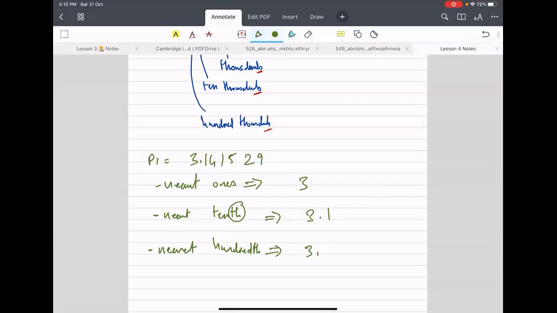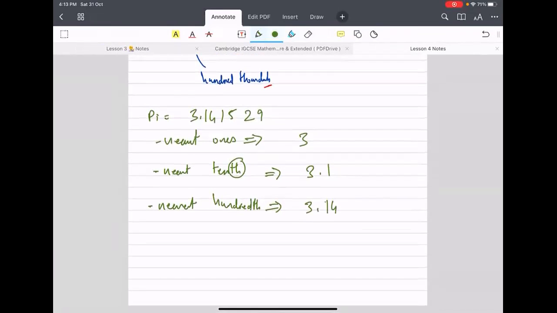Can you see it now, right? Okay. 3.1415 to the nearest hundredth. I think this has a better interface, but anyway. Three point one four. Okay, good.